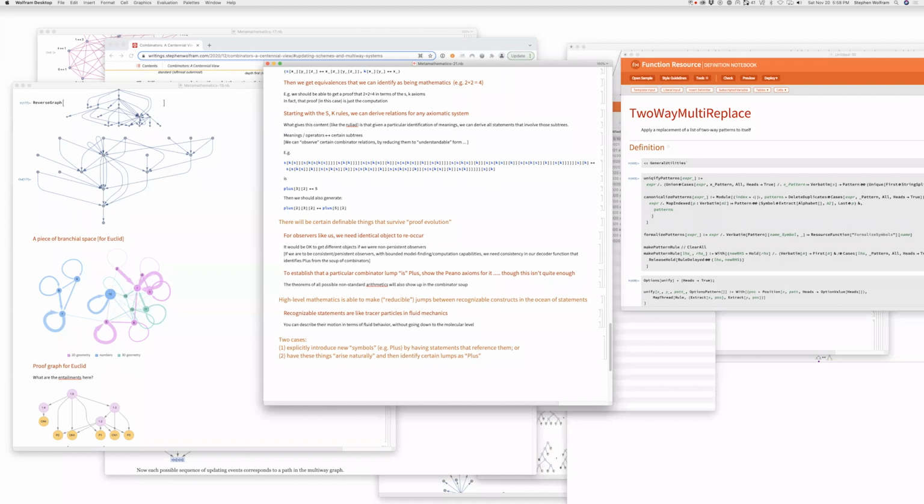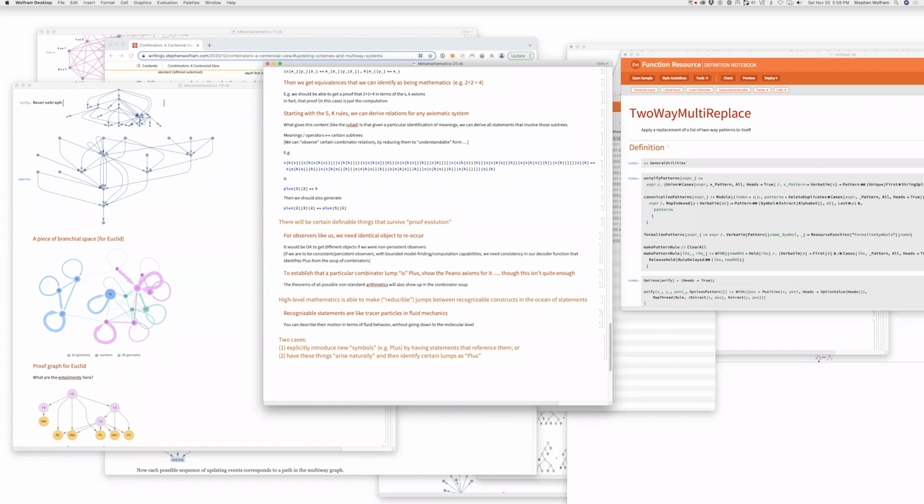Right, but that's something that we can identify because it survives entailment. Oh, I see what you're saying. If it doesn't survive entailment, all bets are off. So it has to be a persistent object of some kind. And the persistence is over entailment. Yeah, that's correct. And that entailment in our case begins at this machine code combinator level.